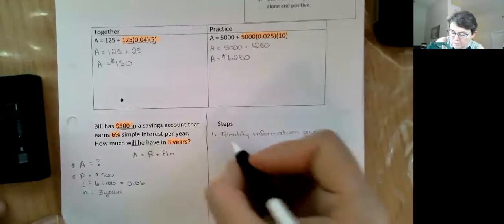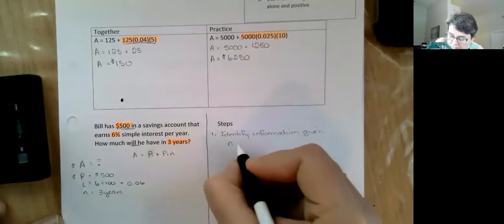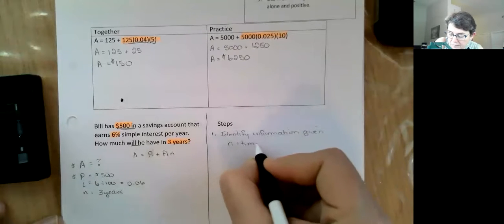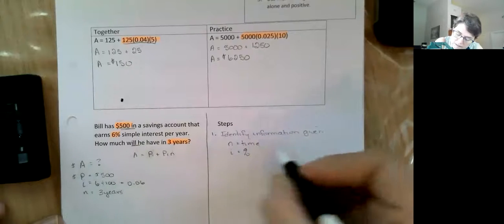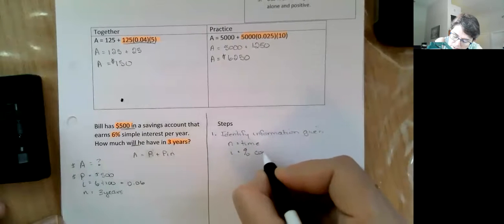Let me add a little bit here. N is going to be time. I is going to be percent converted to decimal.